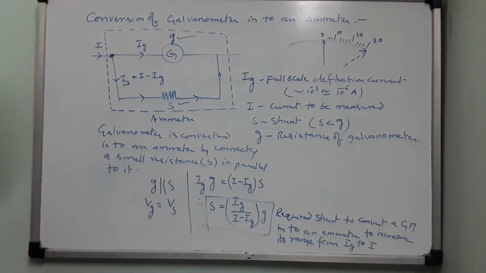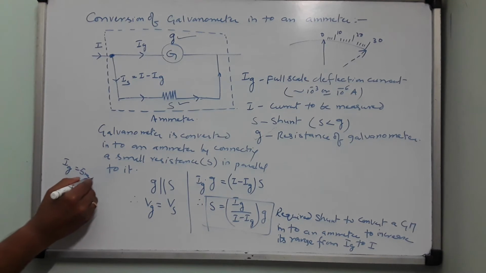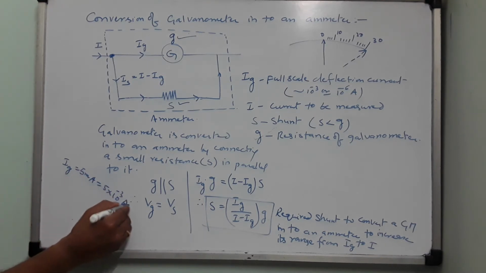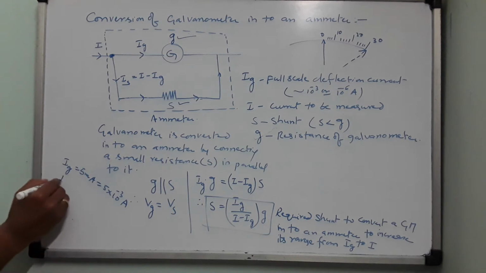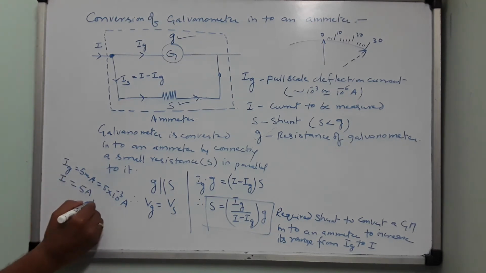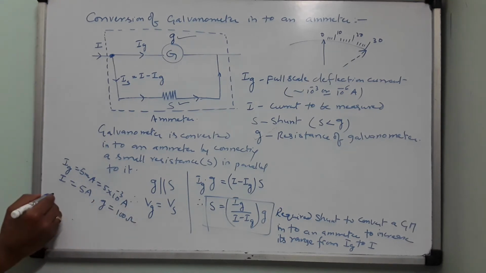So a simple example I will give you. The bearable current was 5 milliamperes, so this is 5 into 10 power minus 3 ampere. You wanted to measure a current of 5 ampere. So you have a galvanometer which has a coil of 100 ohm. So what is the shunt required?